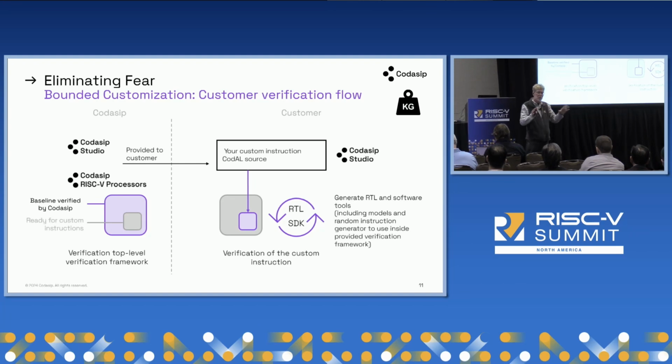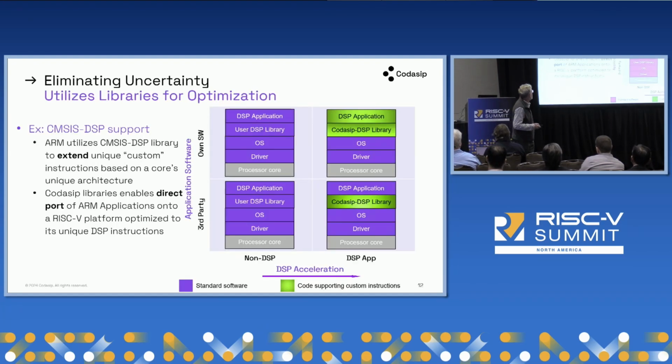So we provide all the tools to help you in the verification effort as well as guarantee that you cannot break the core. So we are removing the fear of customization. Now, the next part of the fear, uncertainty, and doubt is removing uncertainty.